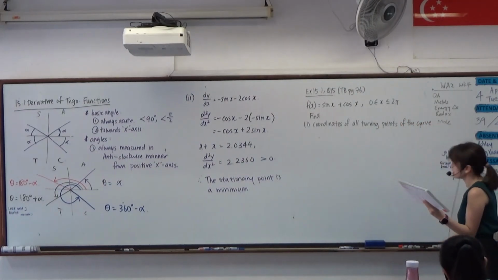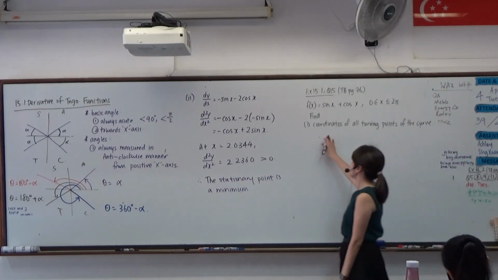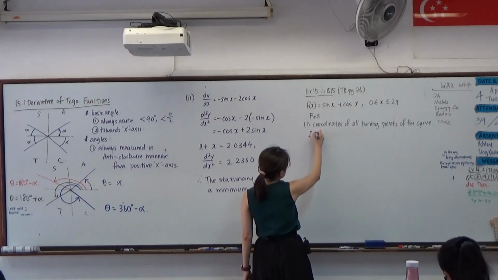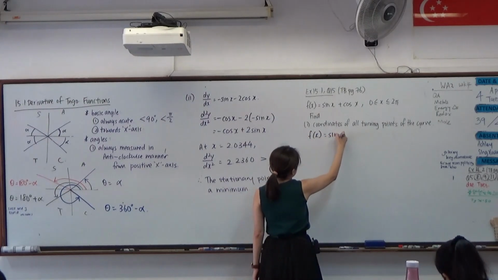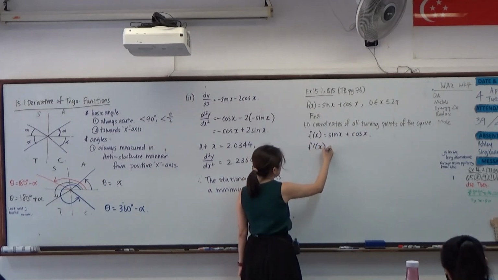Part 1 wants us to find the coordinates of all the turning points of the curve. So turning points will refer to your stationary points. That means our first derivative must be equal to 0.